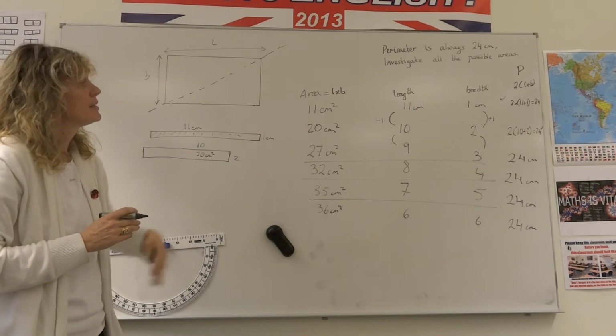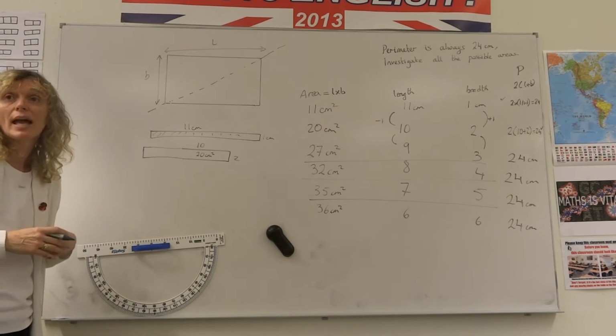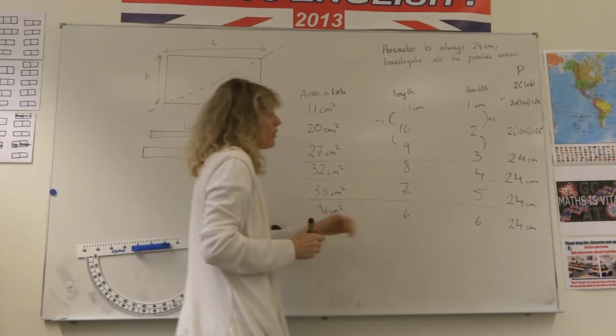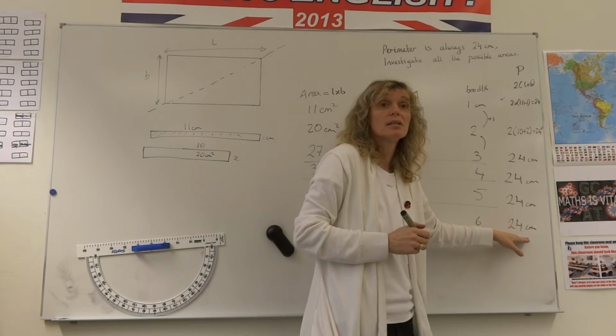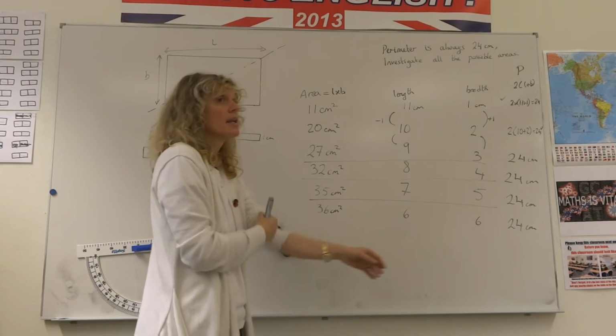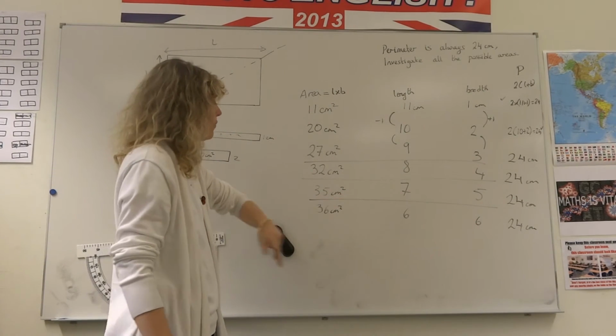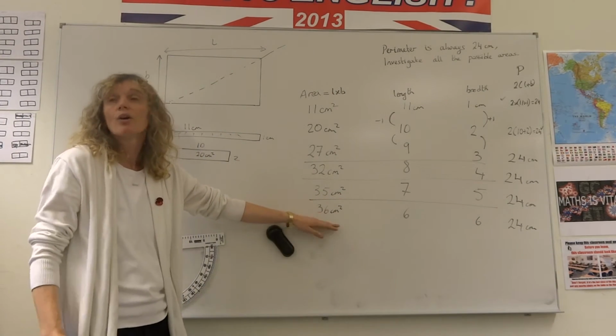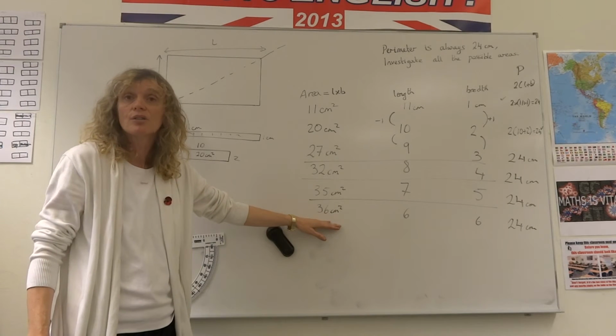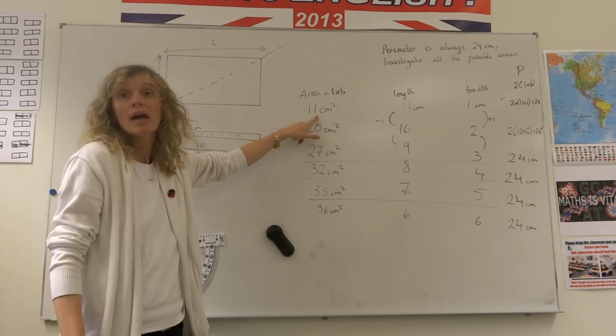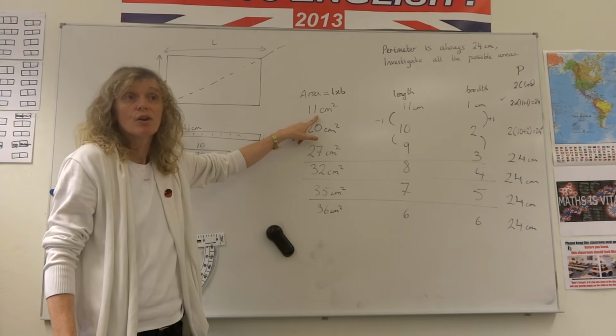So now we can see what sort of field you would like to build for the same amount of fence, assuming this was metres instead, 24 metres in perimeter. I'd much rather put my horse in a field where it got 36 square metres of grass to eat compared with 11 square metres of grass to eat.